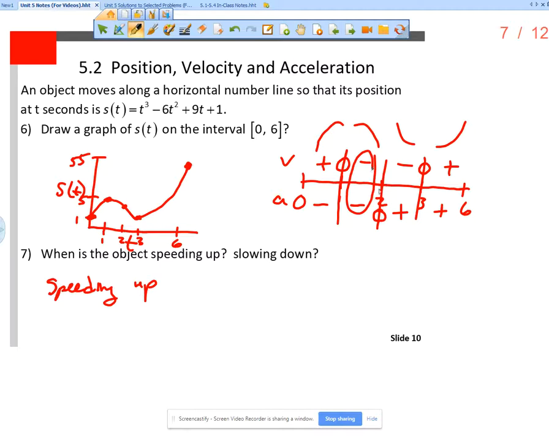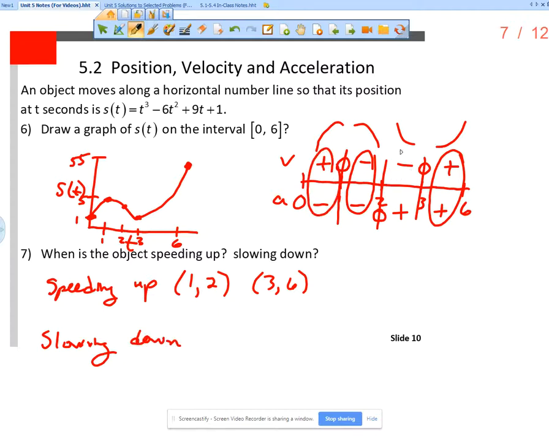So speeding up from 1 to 2 and from 3 to 6. Slowing down is when velocity and acceleration have opposite signs, so from 0 to 1 and from 2 to 3.